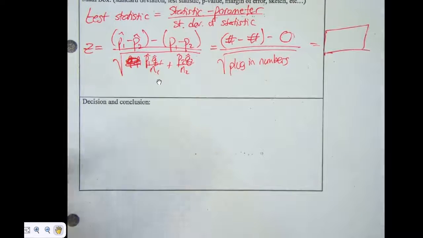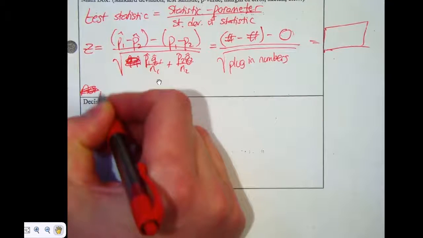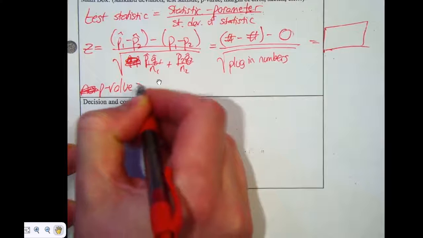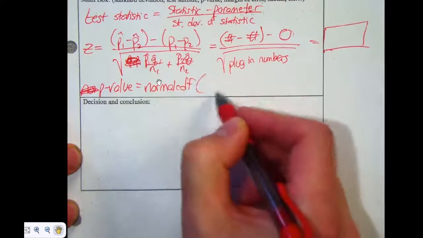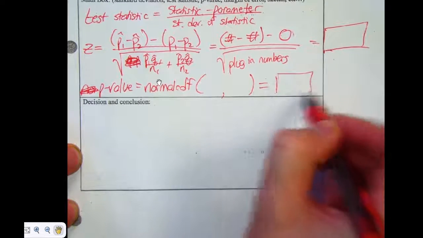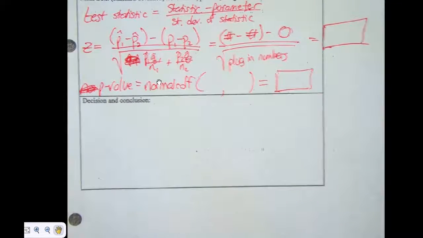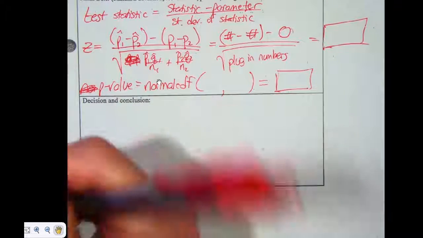How do I go from a z-score to a p-value? Normal CDF. So p-value equals normal CDF, whatever to whatever. When would you put a times 2 there? If it's a not equal or two-tailed.